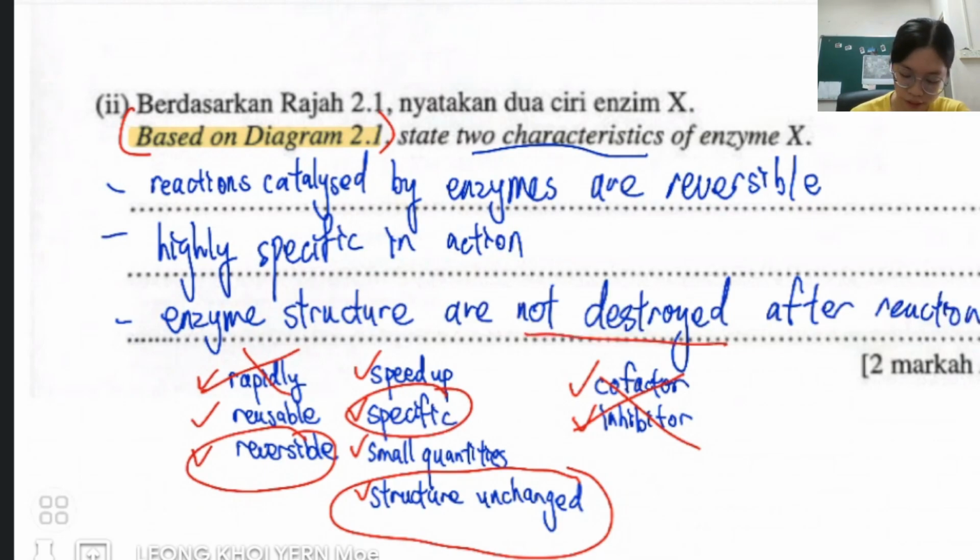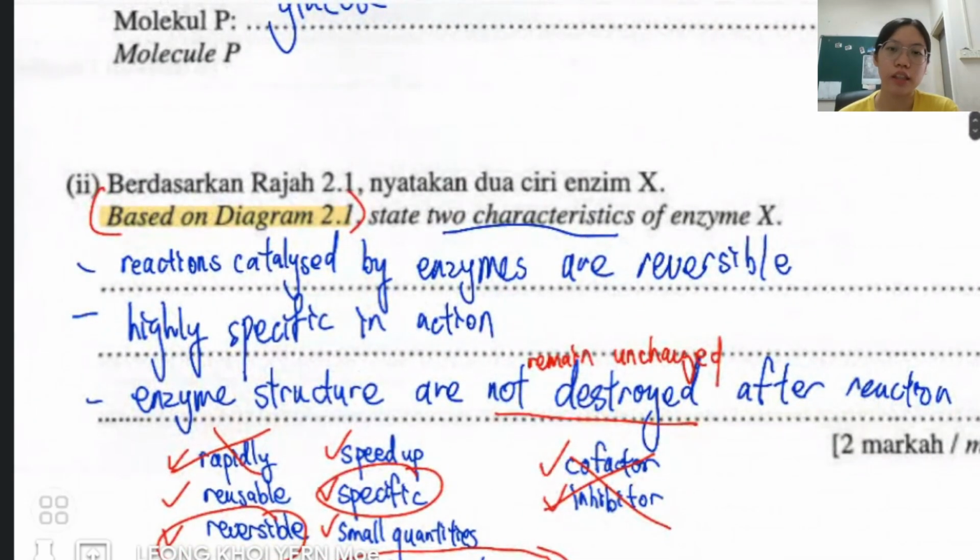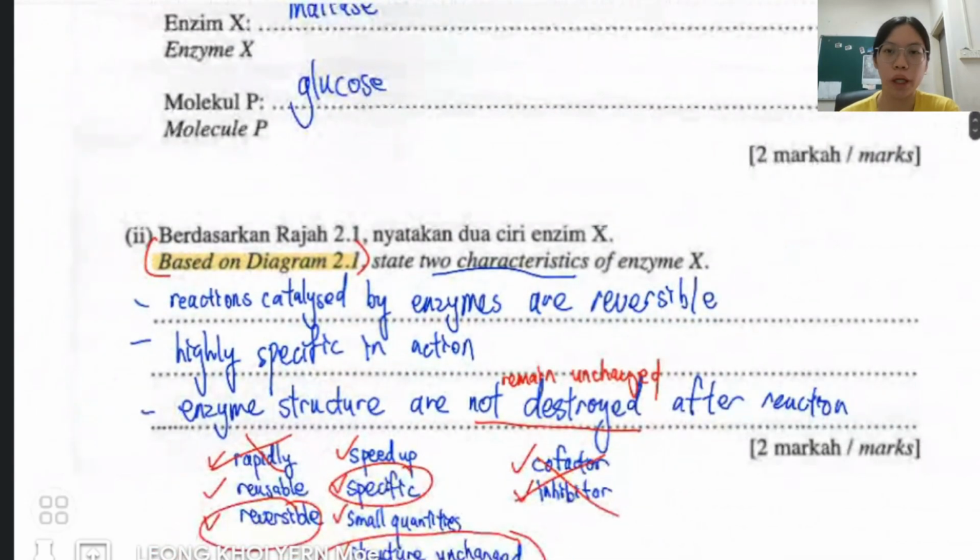Or you can write it as remains unchanged, also acceptable. So these are the 3 points you can write because they are based on diagram 2.1. A lot of students fall into the trap on this part.